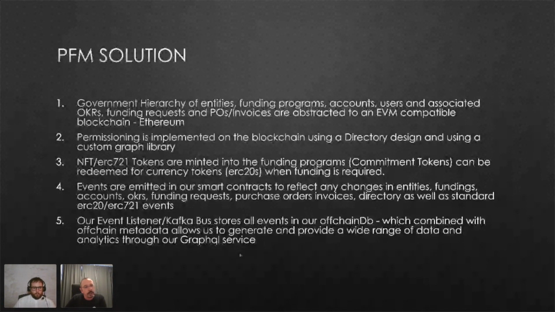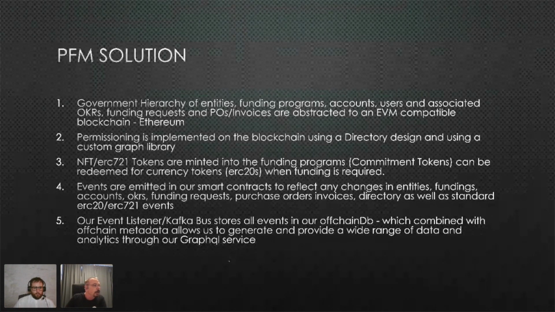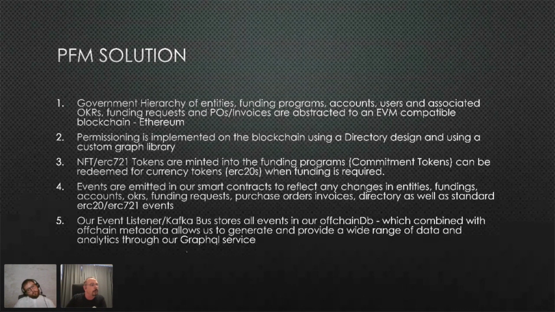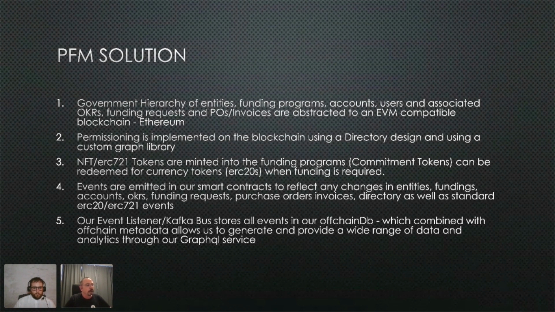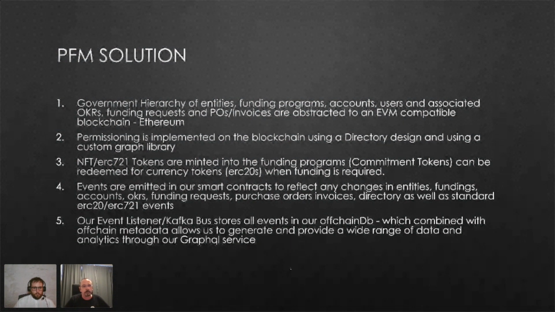Also, as entities are added to the implementation, which can be done dynamically, events are emitted, and we store for each entity some of the data, the metadata, and typically this is data that would be subject to privacy laws or privacy provisions. We store those in the off-chain DB. Combined with the transactions on the blockchain, we're able to give a near real-time picture of what's happening.